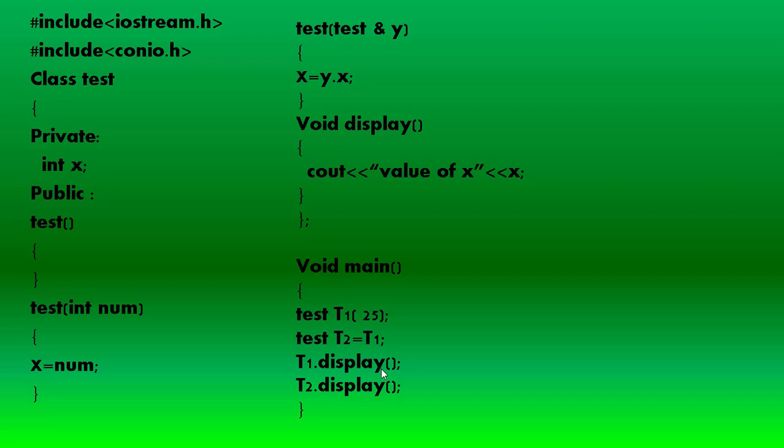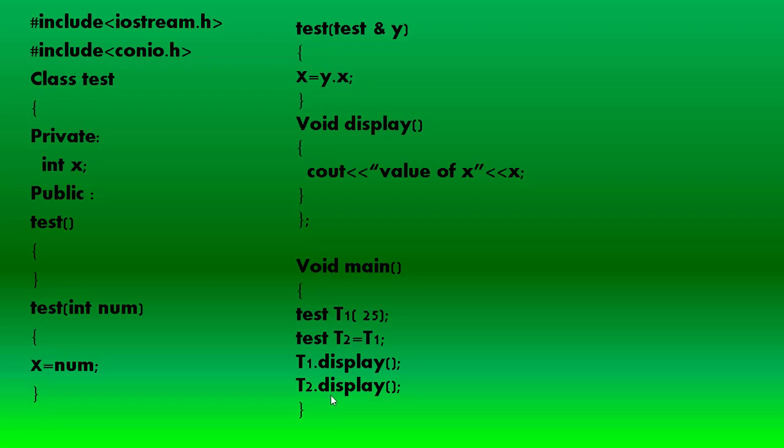Now t1 dot display, the control will go to display t1's data, that is what is there in t1. You have 25 as the x value, so that value of x, 25, will be displayed here. Again t2 dot display, t2 is a copy constructor, so this constructor will be invoked, and the value of x, that is 25, which is stored in t1, will also be copied to t2, and 25 will be assigned to x.